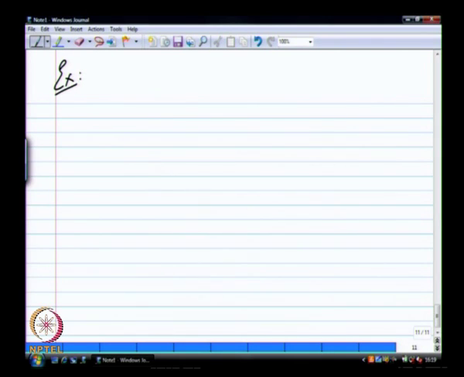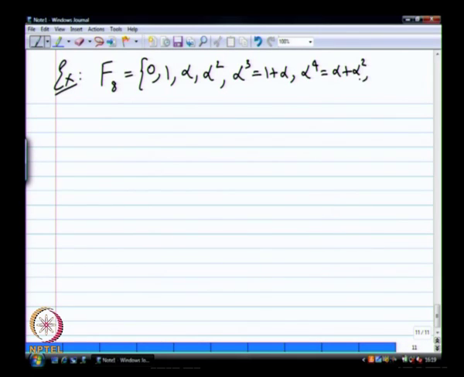Okay. So, for that let us go to F8. Okay, remember the F8 table works like this: alpha squared, alpha power 3 which is 1 plus alpha, alpha power 4 which is alpha plus alpha squared, alpha power 5 which is... okay.